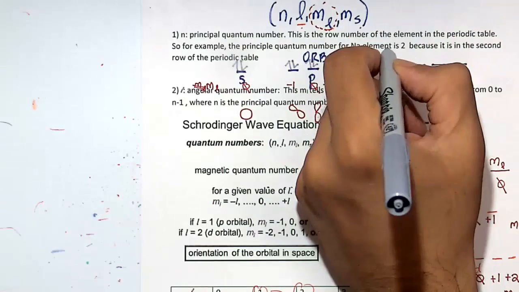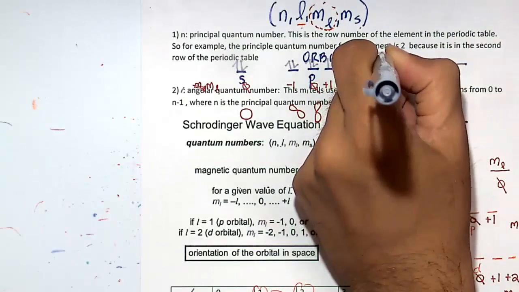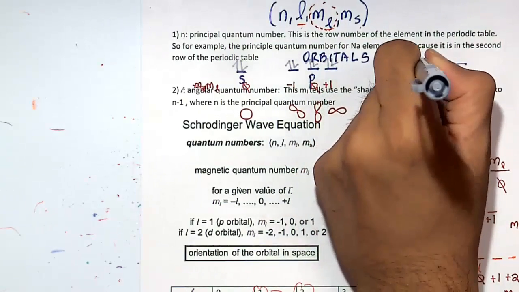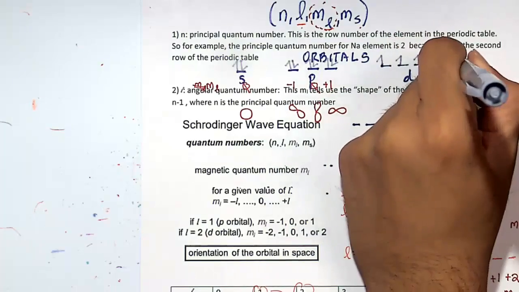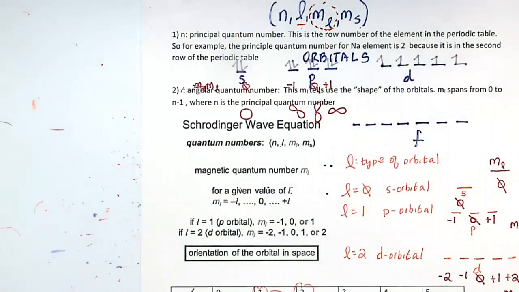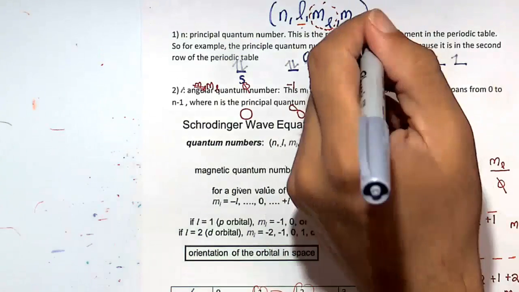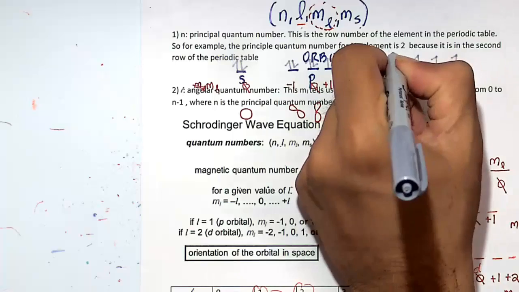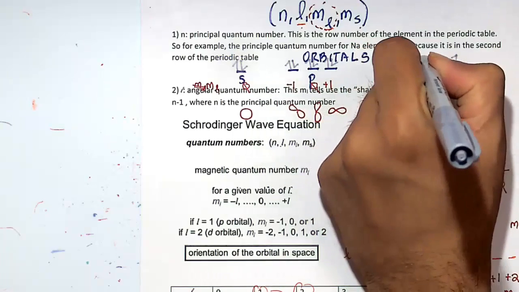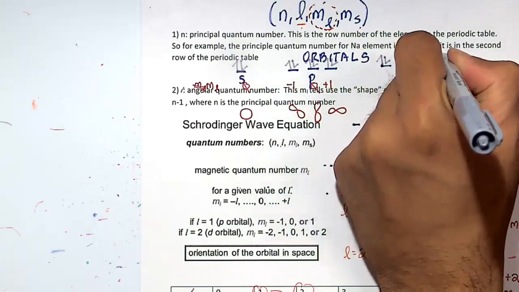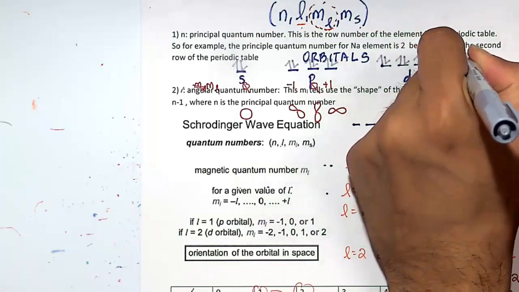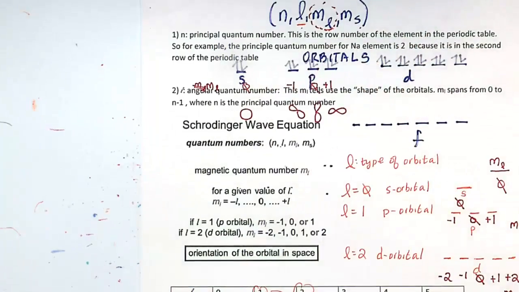For the d orbital, it's the same thing. They're going to go spin up five times, and instead of going to the next energy level, they'll pair. Then they'll go spin down, minus 1/2, five times.